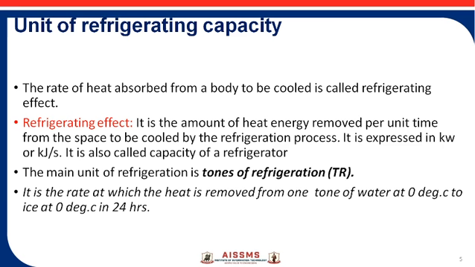The main unit of refrigeration is the ton of refrigeration. It is the rate at which heat is removed from 1 ton of water at 0 degrees Celsius, turning it to ice at 0 degrees Celsius, in 24 hours.